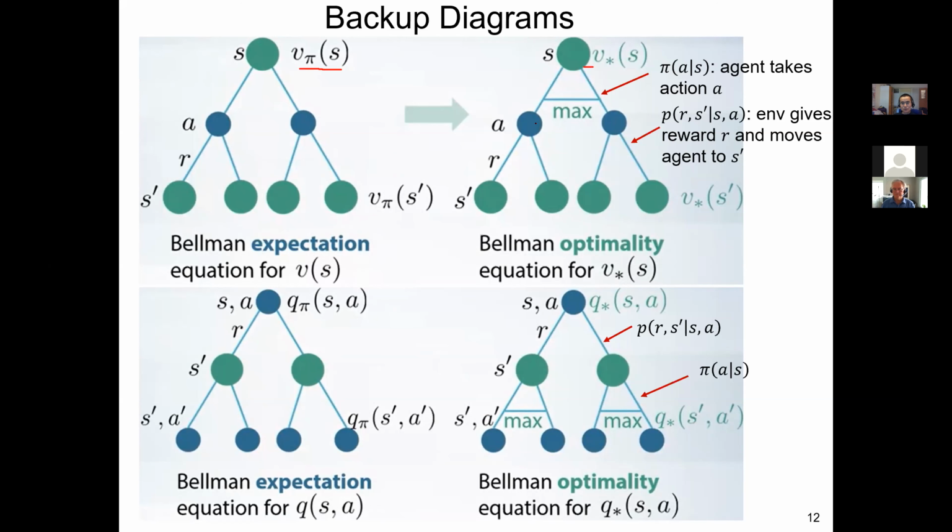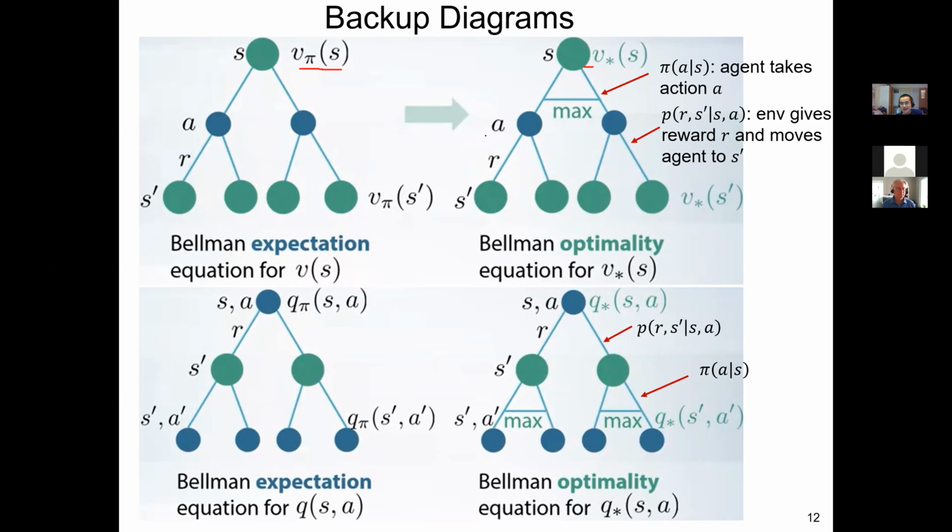This blue state is not a real state. It's more of a helpful construct to help you think of the Bellman equation. The real state transitions from green to green, but it divides the transition into two parts.